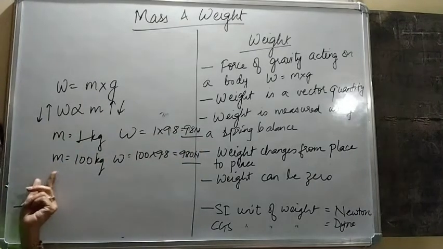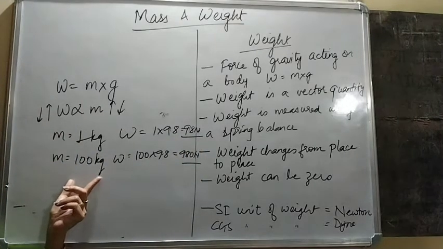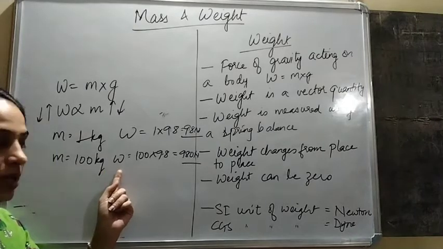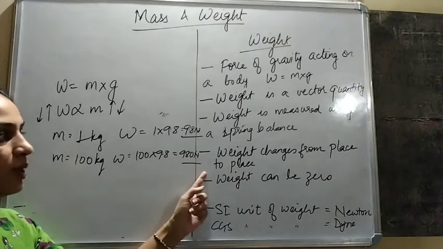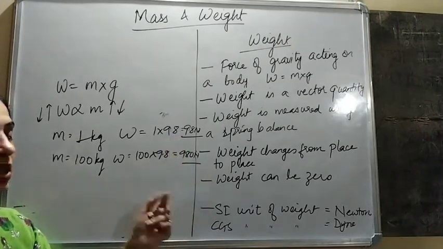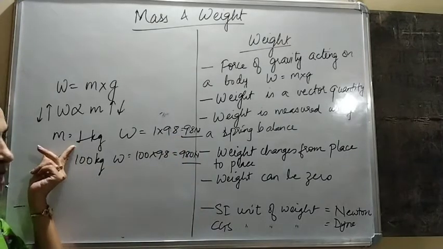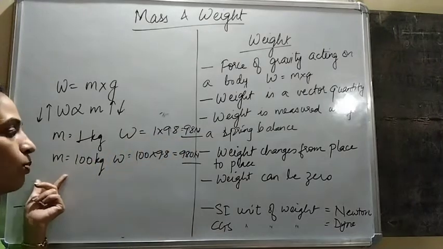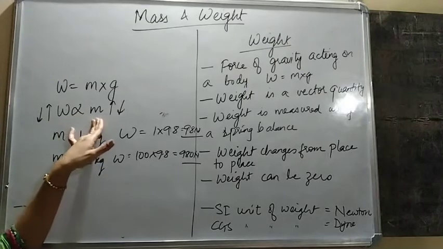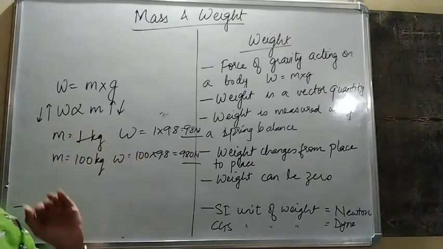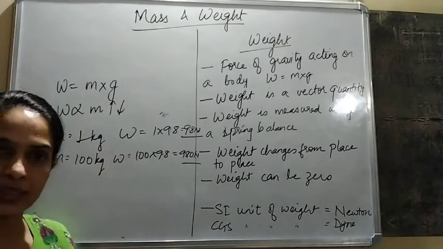If you take a body whose mass is 100 kg, its weight is 100 into 9.8, that will be 980 Newton. Can you see the difference? Lesser mass, less weight. More mass, more weight. So weight is directly proportional to mass, g being constant for nearby places.